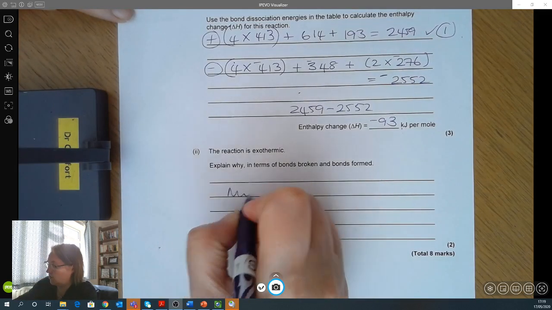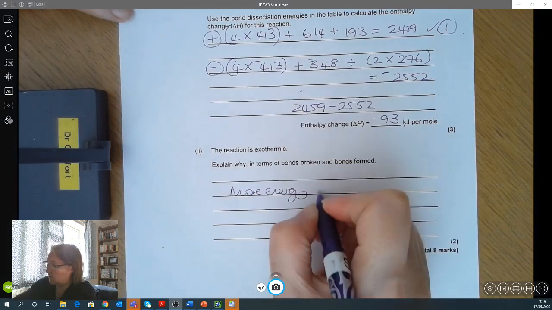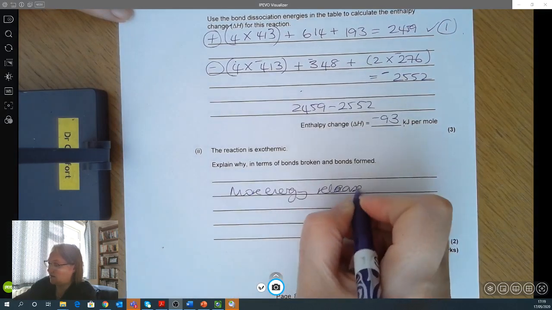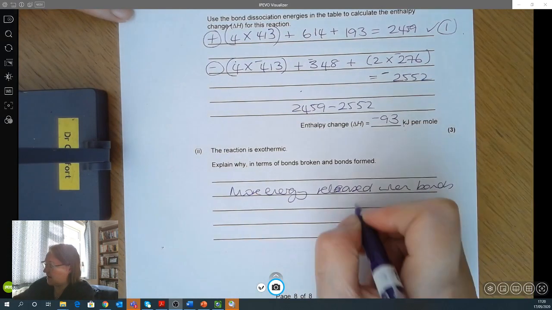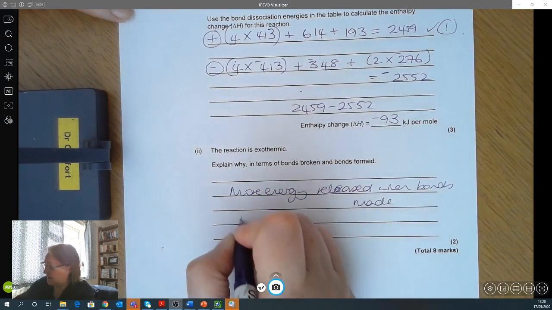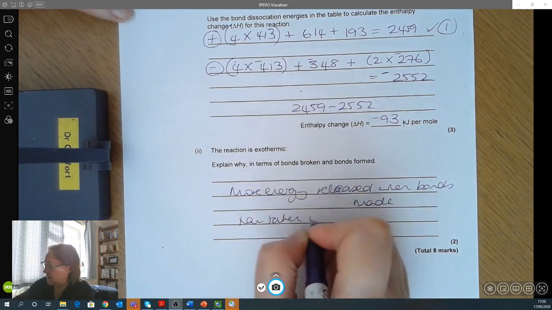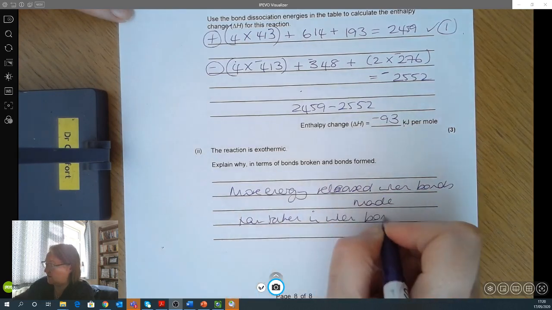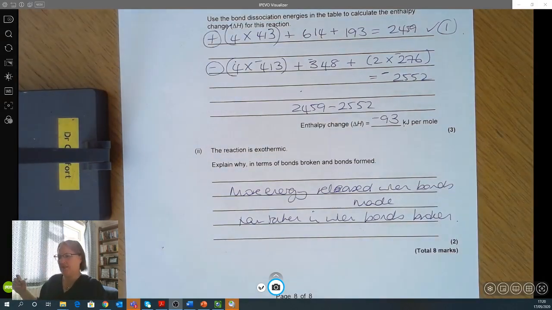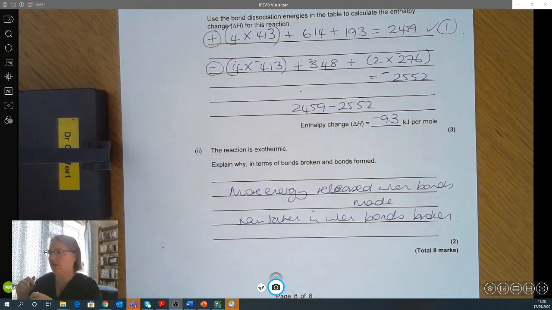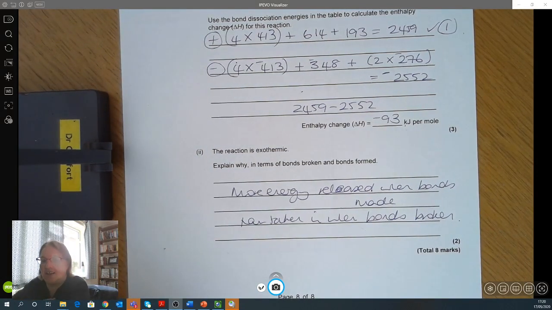So we've got more energy released when the bonds were made than taken in when the bonds are broken. I really slow down and write better, don't I, in case you want to have a pause and read this writing. I should do that. I just want to get it through so you can get it done quickly.